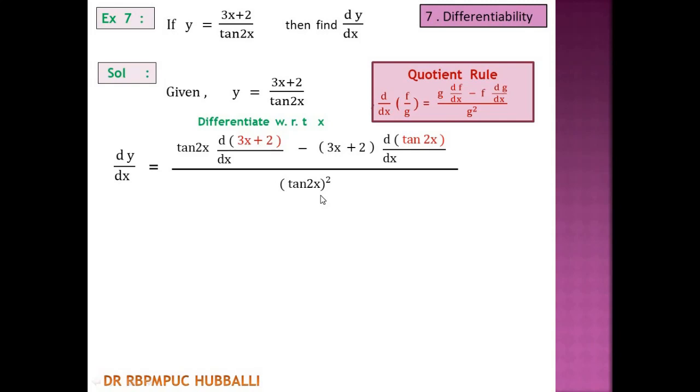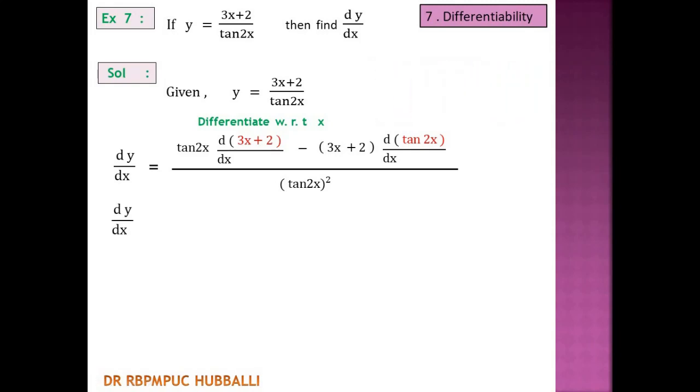Okay, so this is the division rule. Next, wherever you have a derivative function, you write the derivative. So tan 2x as it is, this is a very simple function, the derivative is 3 into 1 plus 0 minus 3x plus 2, and the derivative of tan 2x.